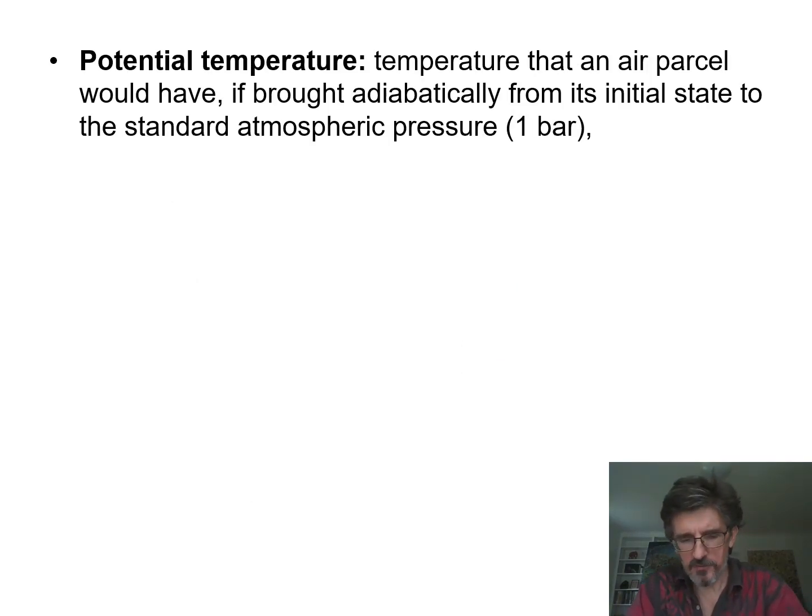The potential temperature is a temperature that you reach at the end of a thermodynamic process of adiabatic compression or expansion. So the potential temperature is the temperature that an air parcel would have if you brought it adiabatically from its initial state to the standard atmospheric pressure. So imagine that the standard atmospheric pressure is the one that you have at the surface, and so you take a parcel from higher up in the atmospheric boundary layer and you bring it down to the surface.